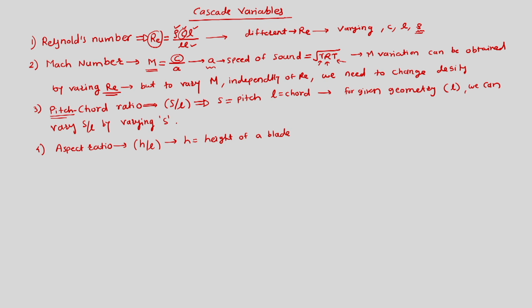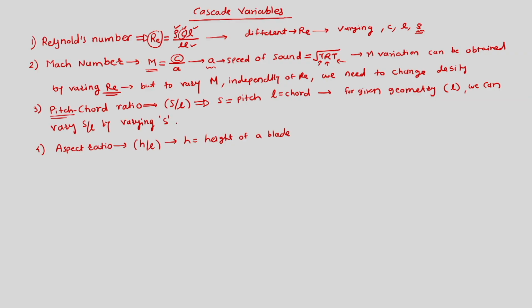We can vary aspect ratio by varying H or by varying L. For a given geometry, again we cannot vary L, so we have to vary H. H is the height of the blade which we can vary, but we know that this cascade would be mounted at the end of the tunnel, and then we have to vary the test section and the contraction for that sake, where we are interested to vary the aspect ratio through variation of the blade height. This is a tough task.